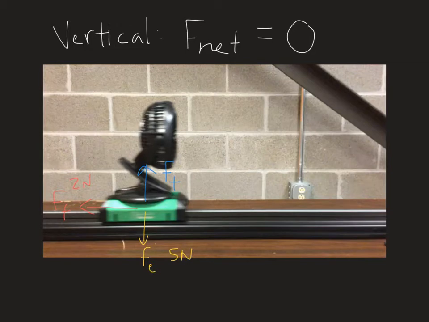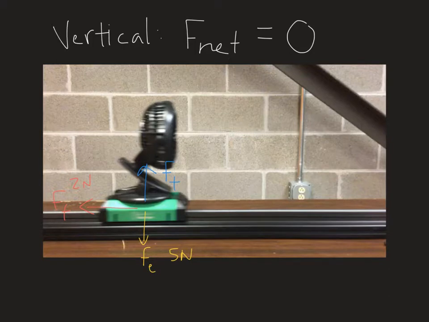F net equals 0 in the vertical direction because the cart is not moving up or down. It is only moving left and right.